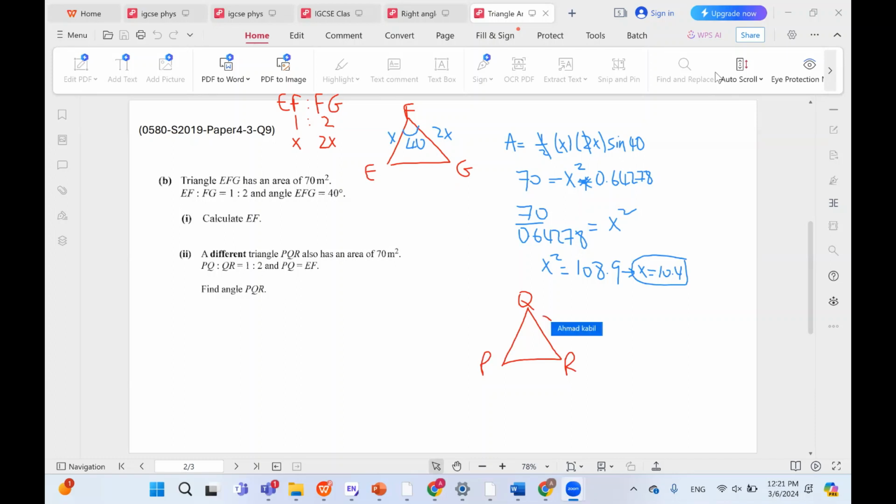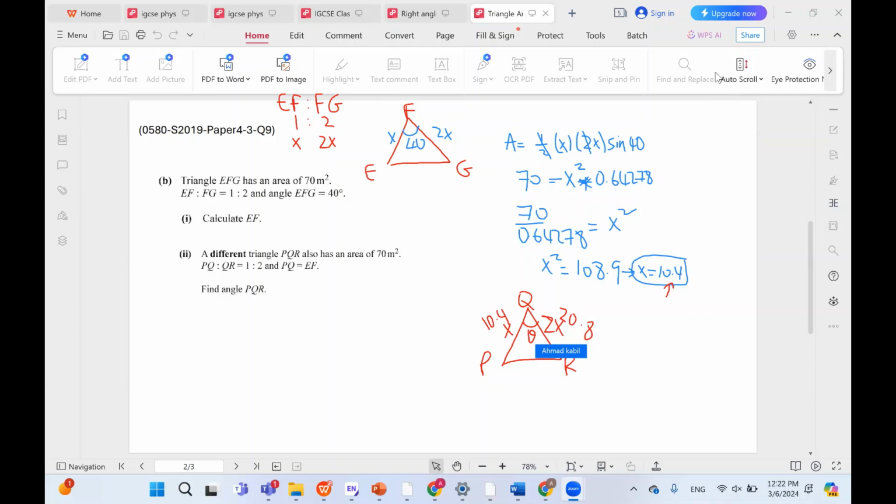So we can say that this is x and this is 2x, same idea as last time. And we are told that PQ is equal to EF. Now, since we know EF is 10.4, we can simply put 10.4 here and we multiply it by 2, so that becomes 20.8 on this side. And this angle here, PQR, is the unknown, so let's write theta.